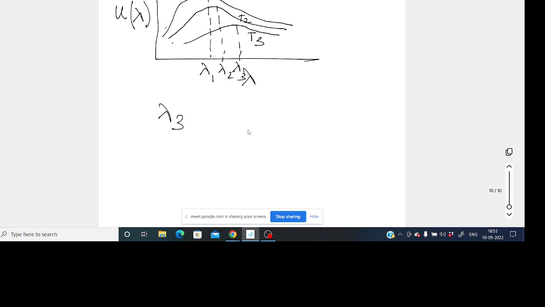Here we have lambda 3 greater than lambda 2 greater than lambda 1.